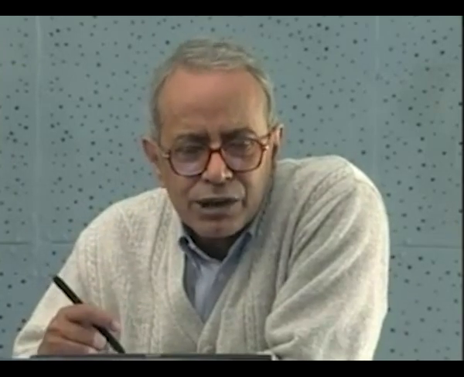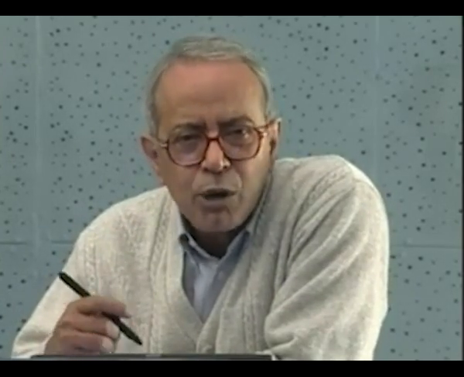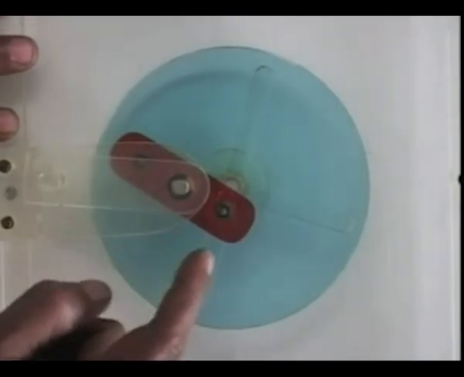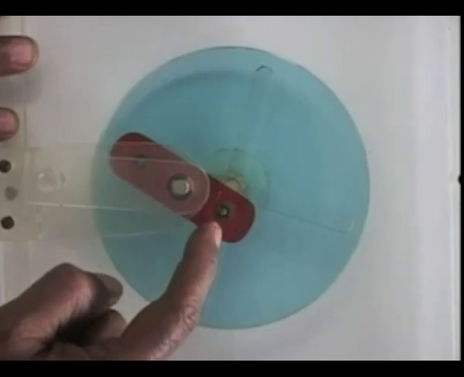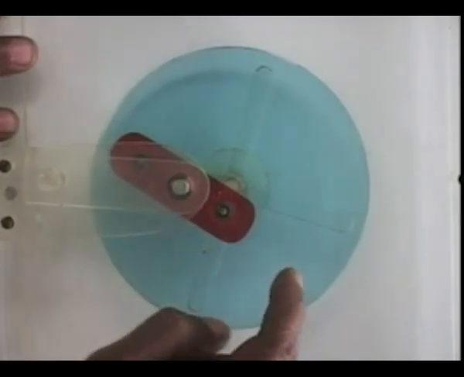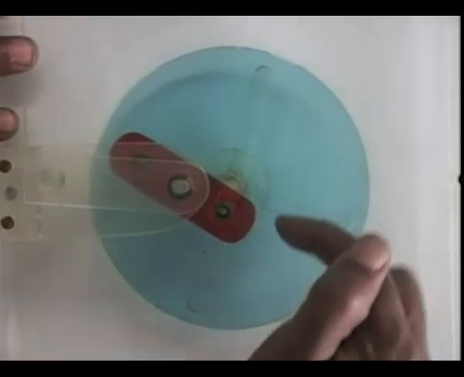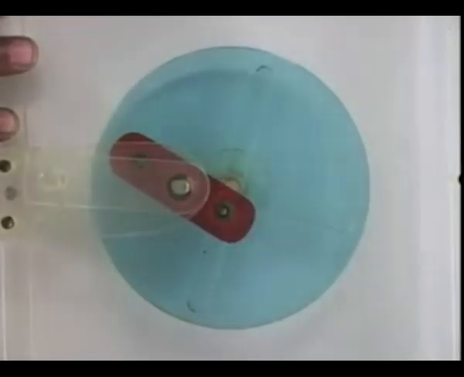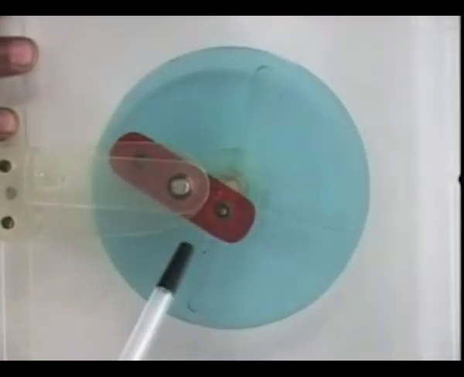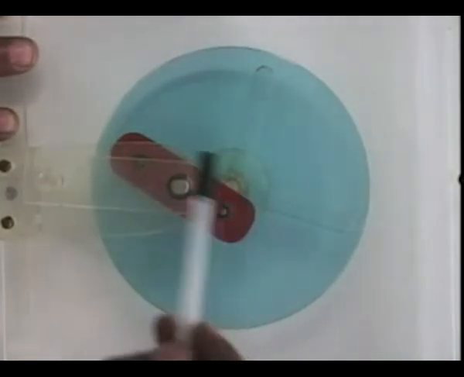Now I shall demonstrate this cross-slider trammel through a model. Let us now look at the model. This is link number 3, which has a revolute pair with the fixed link here. This is link number 5, which has a revolute pair with the fixed link here. And there are 2 sliders, 2 and 4, which are hinged to link number 3 here, and these 2 sliders move in these 2 perpendicular slots.